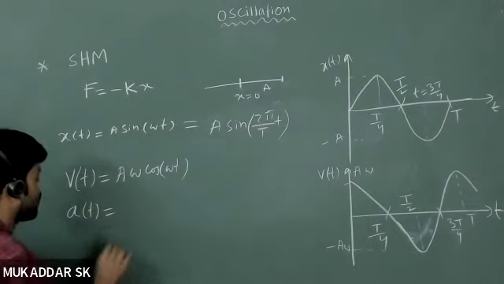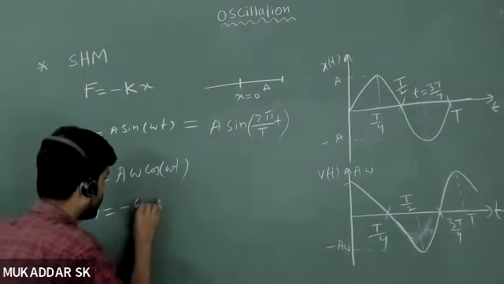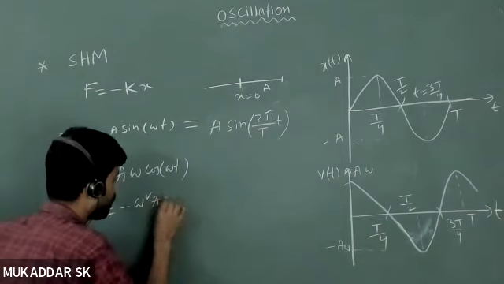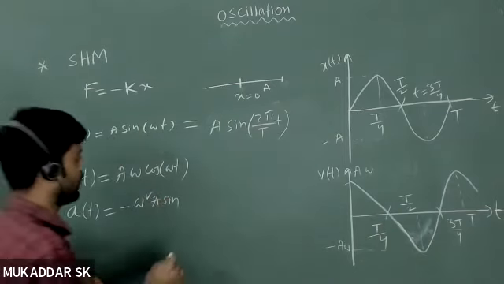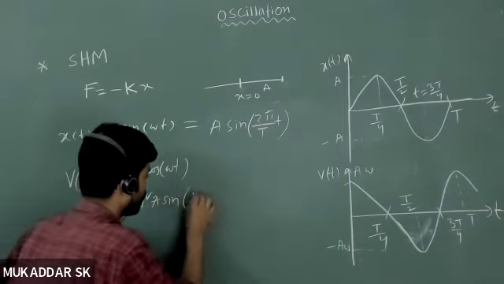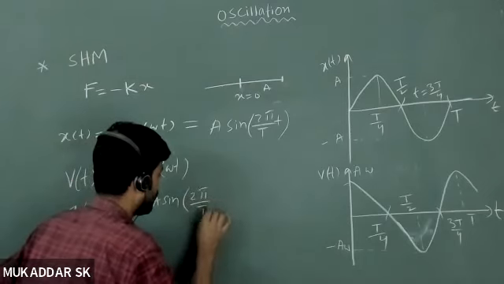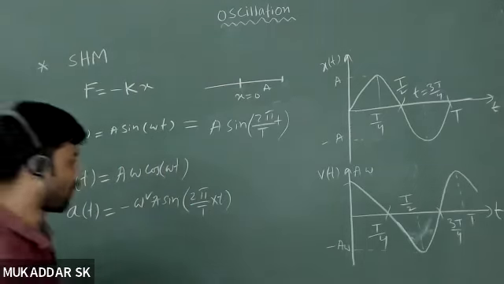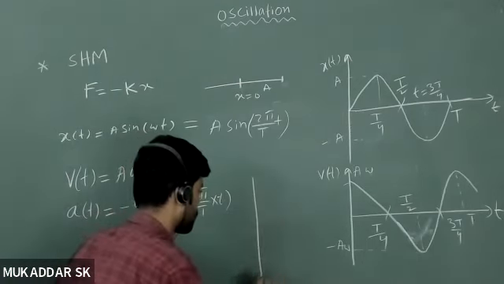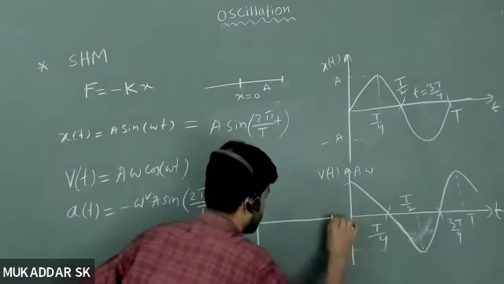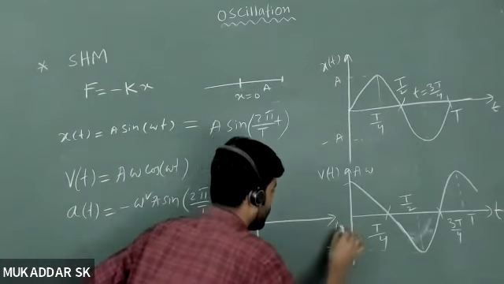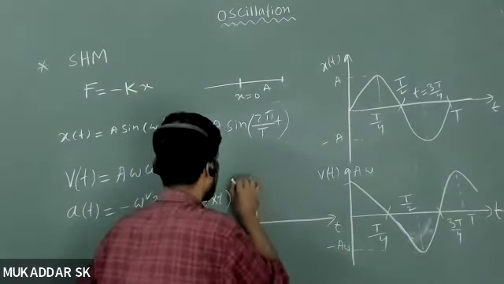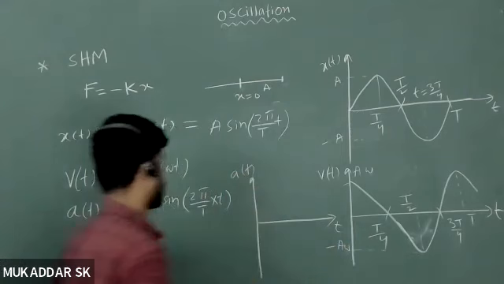So it was nothing but minus omega square A sine omega t, and omega t is nothing but 2 pi by T times t. Okay, so if you plot this curve, this side you have time, this side you have acceleration as a function of time.